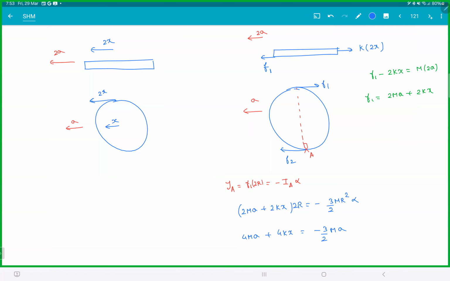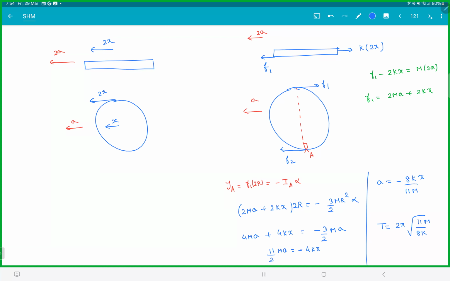Bring all a's to one side. 4 plus 3 by 2, that is 11 by 2, ma is minus 4kx. So a is minus 8kx by 11m. Therefore, the time period is 2 pi root over 11m by 8k.